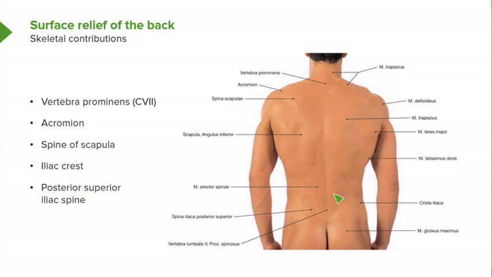And then if we take a look here more inferiorly, we will find the iliac crest. And then when you follow the iliac crest as it curves posteriorly and downward, you will find an area of skeletal relief provided by the posterior superior iliac spine.